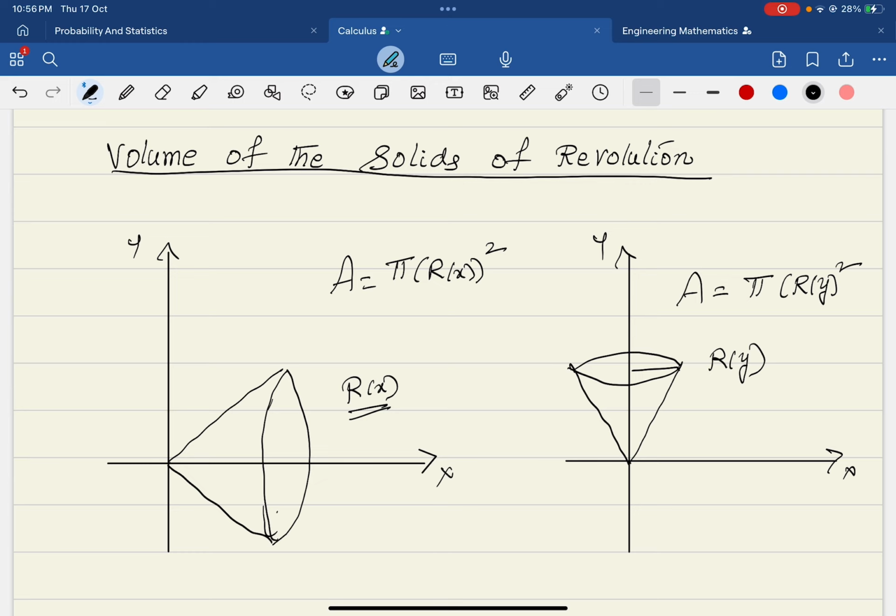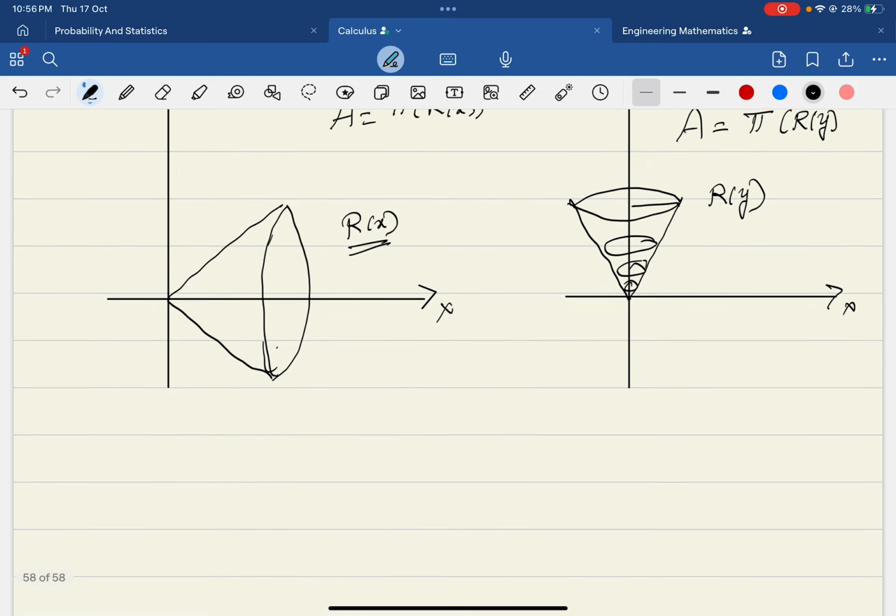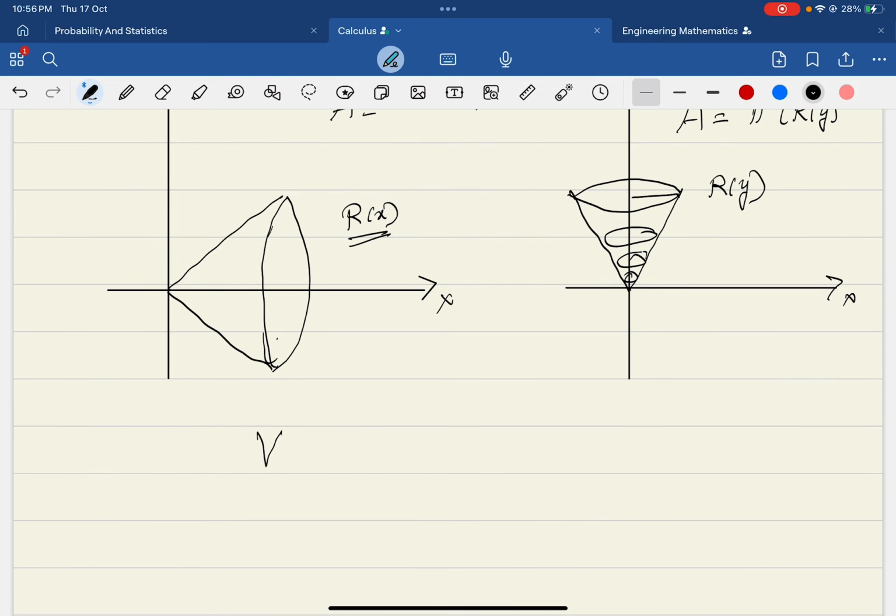Depending upon the radius, we can find the volumes. The volume is given by the formula, from a to b.